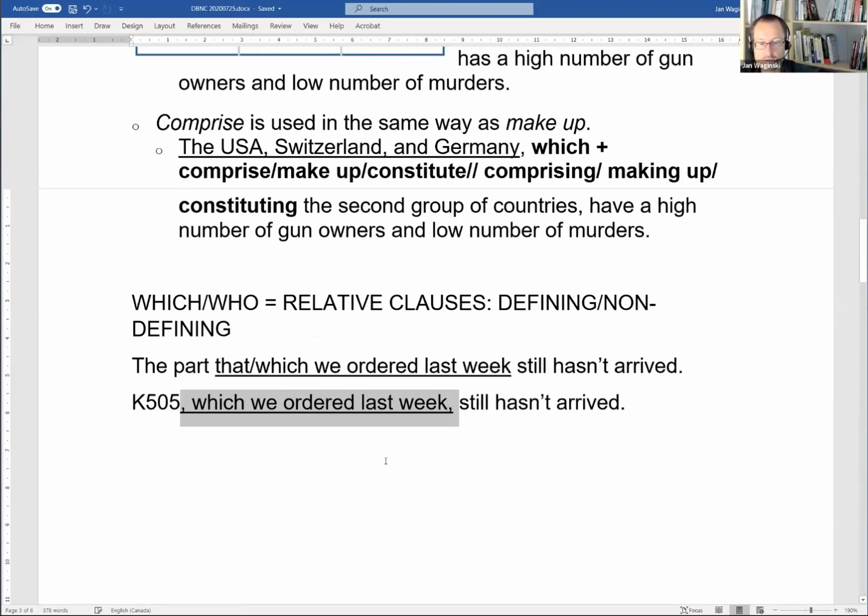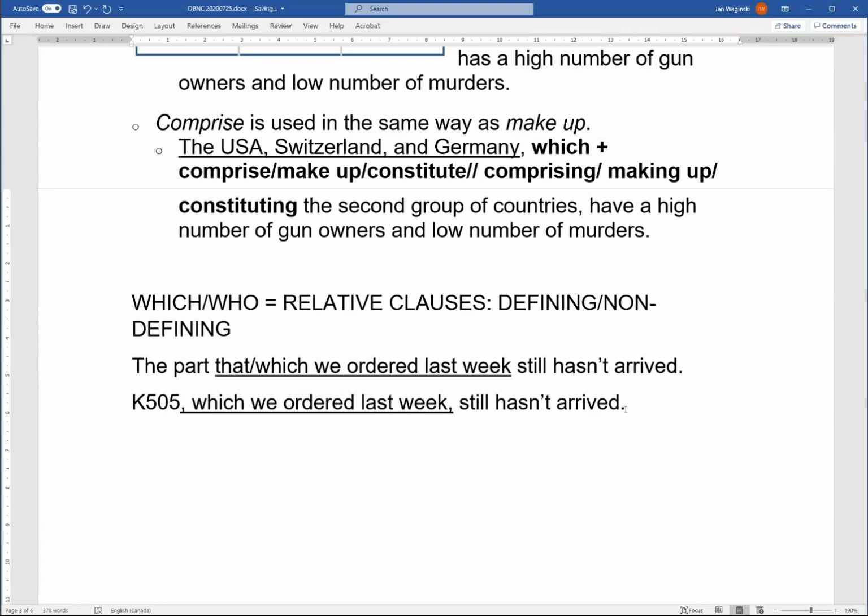So these relative clauses are the same, other than the commas. So why are there commas in the second one, but not in the first one? Zubi. Because the first one is explaining that first one is a simple sentence, and it's explaining that it has not arrived.